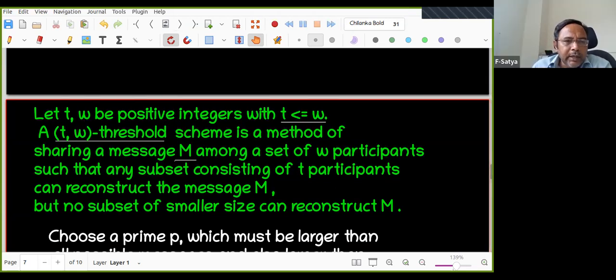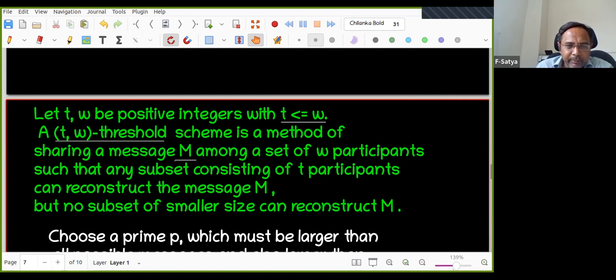Now let t and w be positive integers with t less than or equal to w. A (t, w) threshold scheme is a method of sharing a message m among a set of w participants such that any subset consisting of t participants can reconstruct the message m, but no subset of smaller size can reconstruct m. Is it okay?